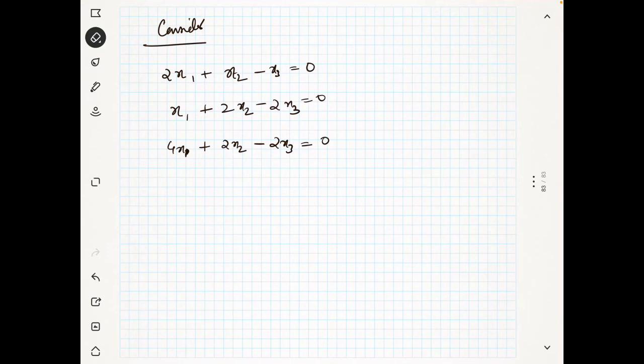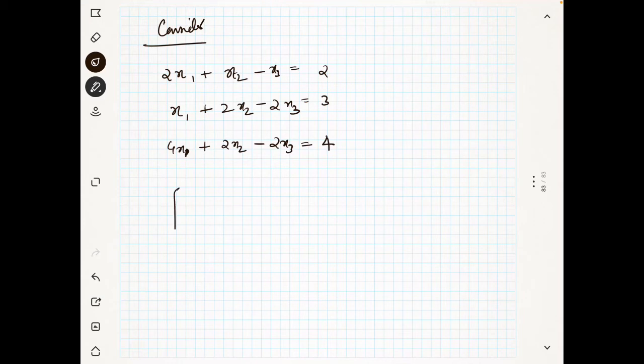I will not consider 0 on the right side first, because if it is 0, it is a homogeneous equation. So I will just give some other values like 2, 3 and 4.